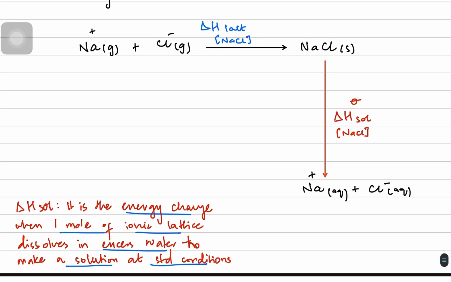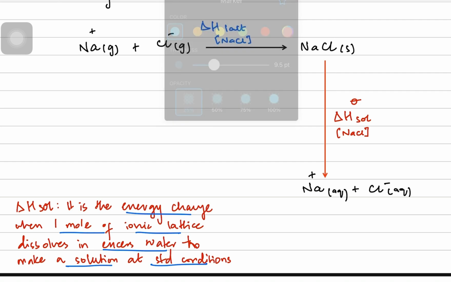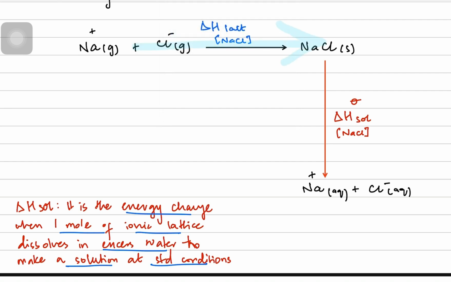These are two steps which are connected with each other, so you can see, let's make a highlight. You make a lattice from the gaseous state and then you make a solution by dissolving it. You know what would be the direct step of these two things? It would be if you directly made the ionic solution from the gaseous state.